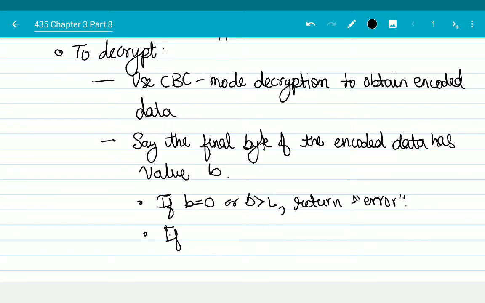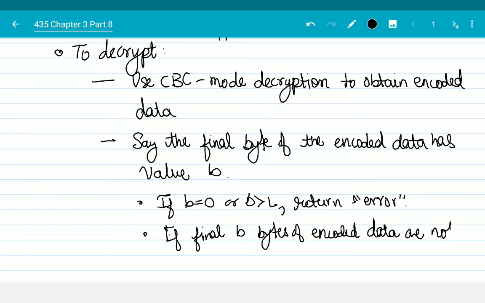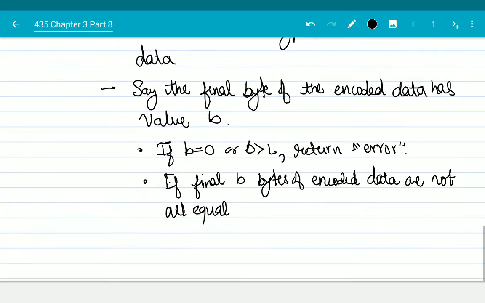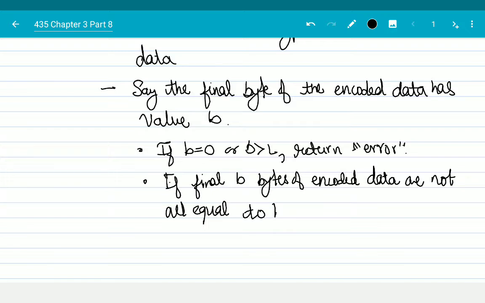If the final b bytes of encoded data are not all equal, and especially all of them have to be equal to b, then you return error.